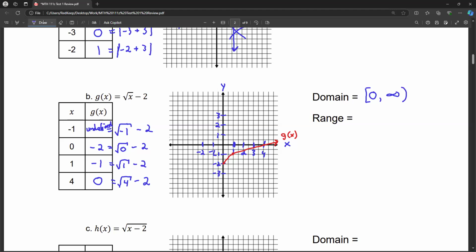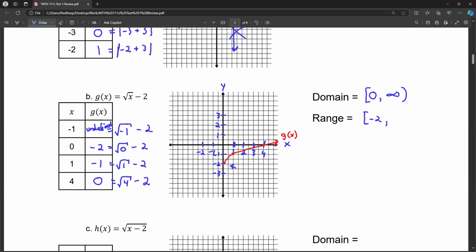Okay, so now moving on to the range, the last part of part B. We note the lowest y value as an output is indicated here at -2. It looks like when we plugged in 0, we got -2 as an output. And that would be a square bracket to include -2.